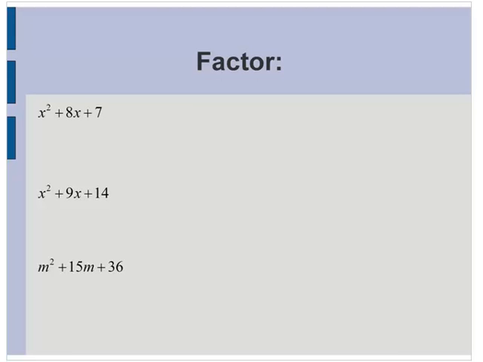Factor x squared plus 8x plus 7. Okay, so notice that the lead coefficient is 1. So we want to find a pair of numbers that multiply to 7. Well, there's only one pair of numbers that multiplies to 7: 1 times 7.